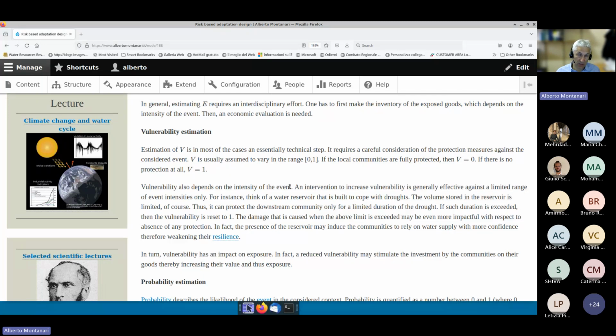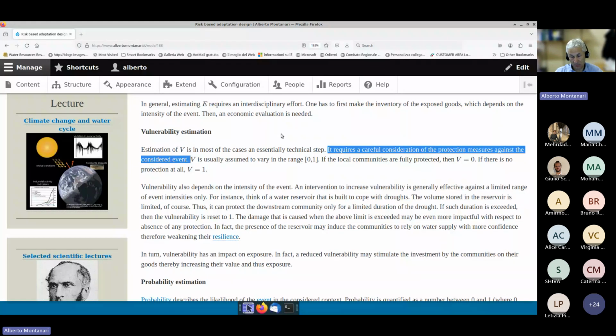So basically, it is very often a task of the engineer. And in fact, it requires a careful consideration of the protection measures against the considered event. We defined the vulnerability as the probability of getting damaged if an event occurs.